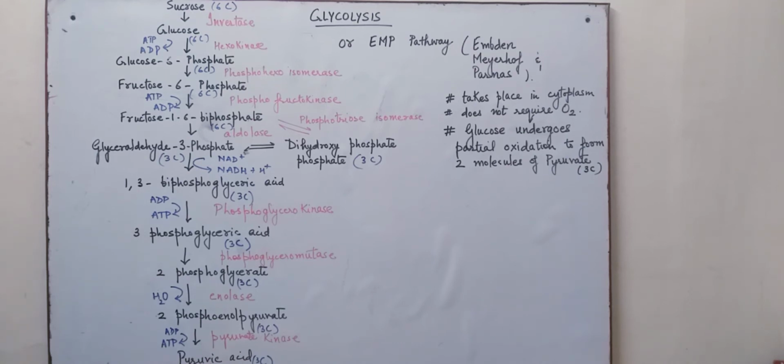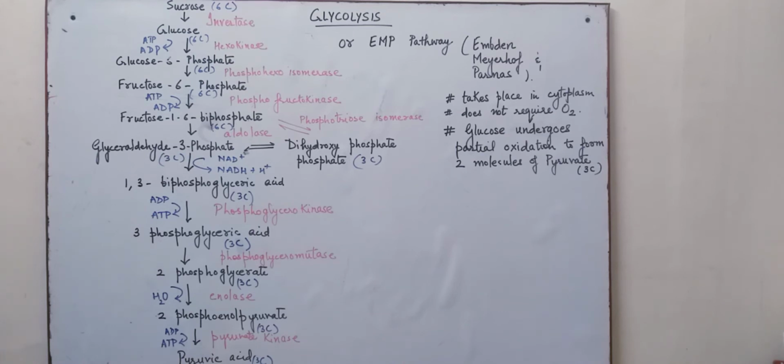Now, this breakdown of macromolecules in cellular respiration can be of two types, that is aerobic and anaerobic. And in both types, whether it is aerobic or anaerobic, the first step is glycolysis, in which a 6 carbon atom molecule is broken down into two molecules of pyruvate or pyruvic acid, and that is a 3 carbon atom compound.